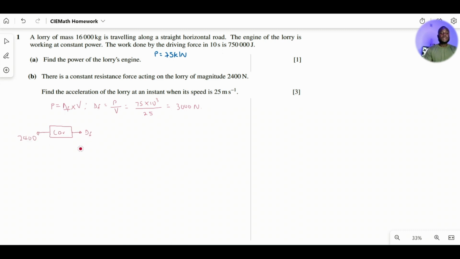The net force acting on this car in the direction of motion gives us the value of the acceleration of the car. Now this 0.0375 meters per second squared is the exact value of the acceleration, and it's also correct to 3 significant figures. So we'll just leave it as it is and move on to question 2.